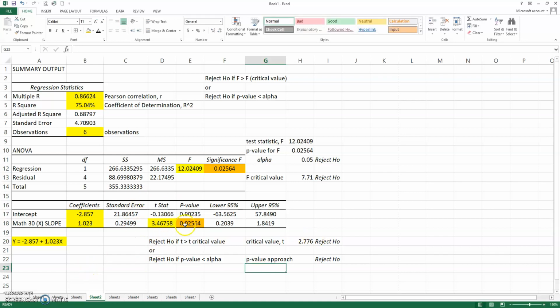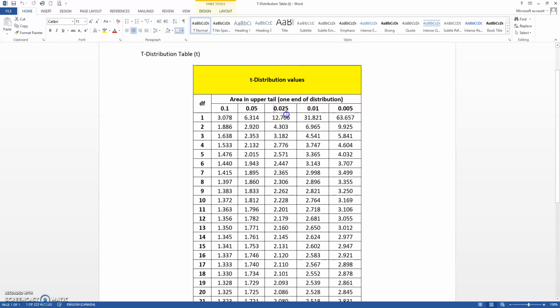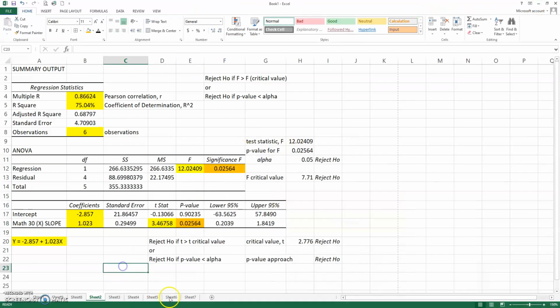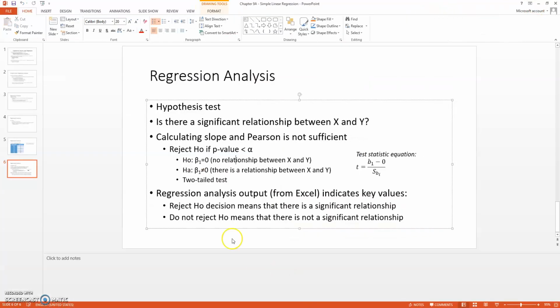The p-value for the test statistic has been doubled because it's a two-tailed test. We found the critical value using the 0.025 column, and we can compare that to our test statistic. So that is simple linear regression, the process of that.